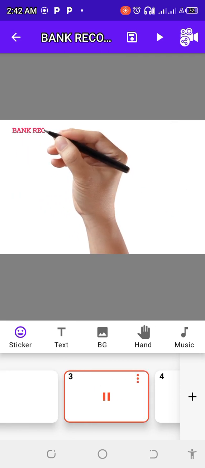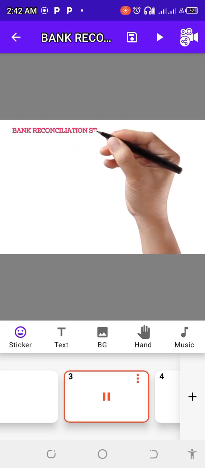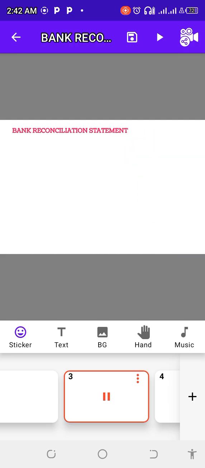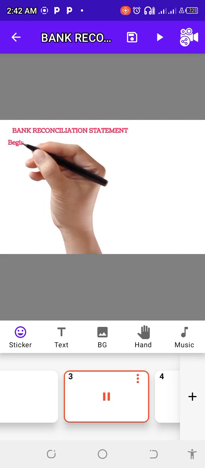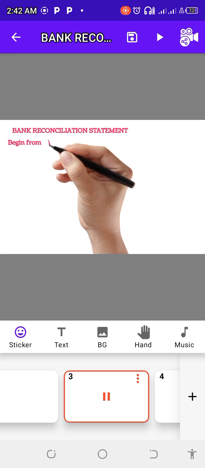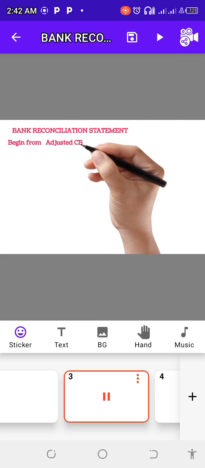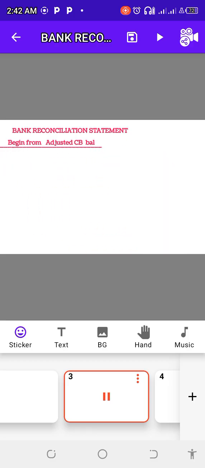We are going to look at the reconciliation segment. First of all, we must bring out the reconciliation figure. Since we are beginning this reconciliation from the adjusted cash book, we are going to bring down the balance in the question from the bank statement, which is going to be the reconciliation figure. We must bring this first.